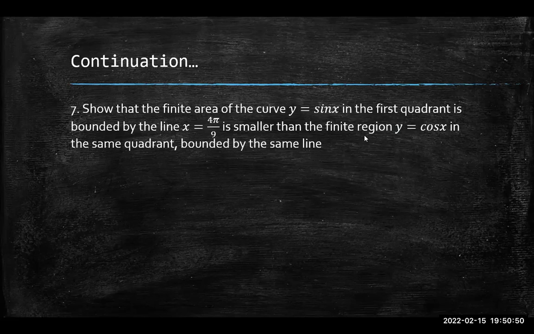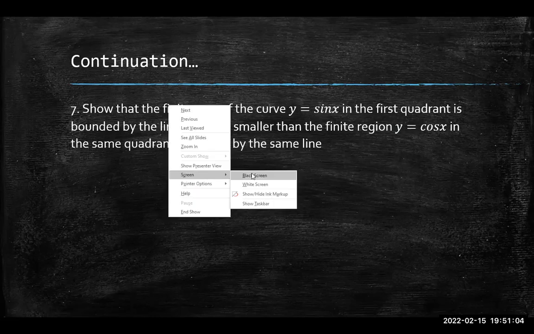Just show that when you find the area under this curve compared to this one, the value is smaller, right? That's all you're doing. So all we're doing is finding the area under each of the curves and showing that the one for sine is smaller than the one for cos. That's all you do.